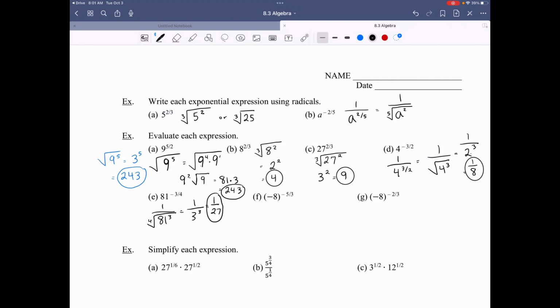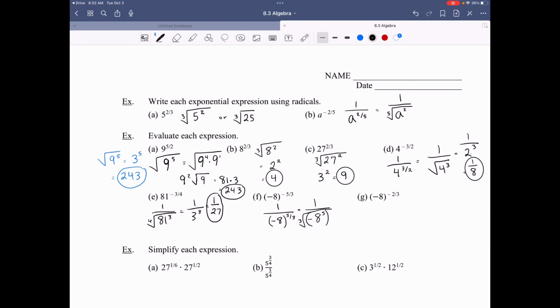For F, we are taking negative 8 to the negative 5/3. So negative 8, I'm going to write this in the bottom, to the positive 5/3 is the same as 1 over negative 8 to the 5th, and the cube root of that.